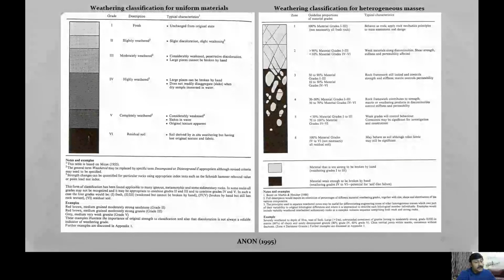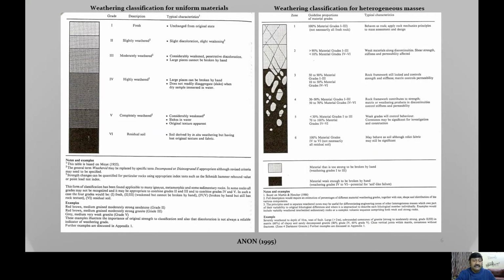However, this particular classification is not applicable for carbonate rocks, although carbonate rocks undergo chemical weathering only. The reason being, in the case of carbonate rocks, when the rock gets weathered, it goes into solution, leaving behind material which is nothing but carbonate.